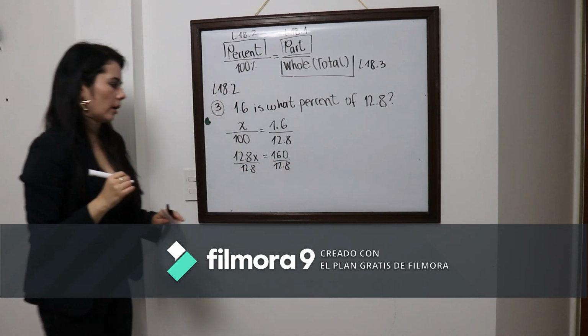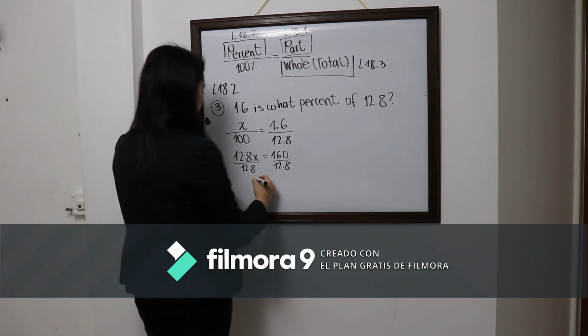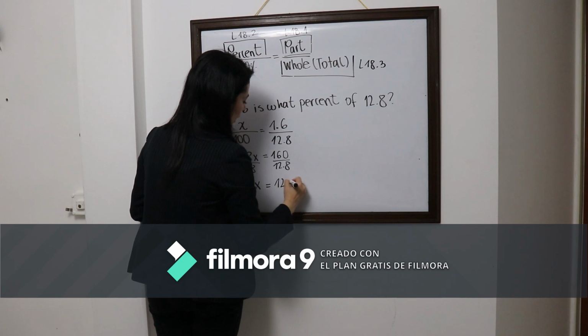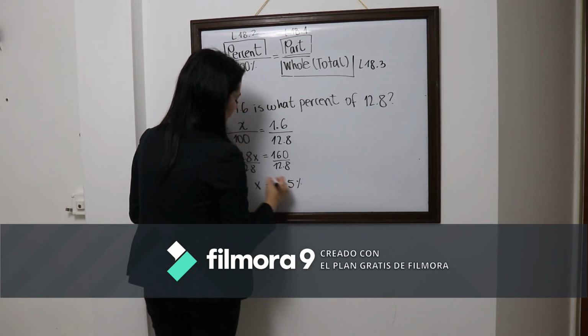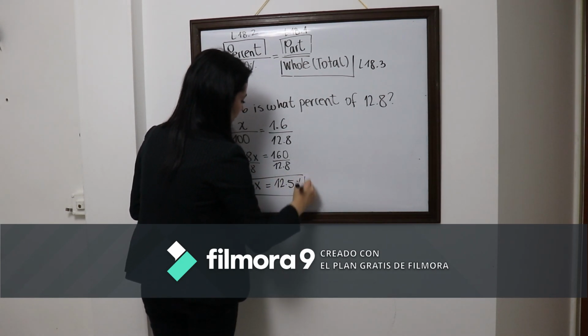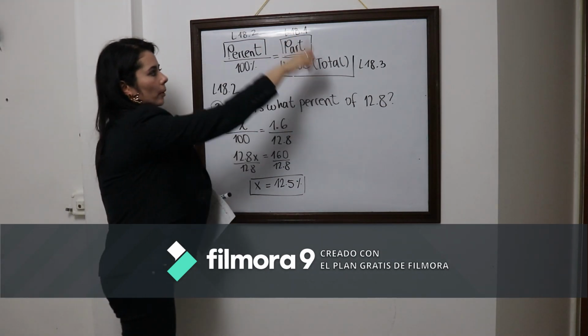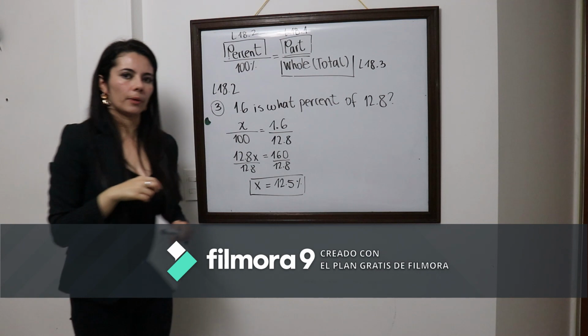So it's not going to be hard. And then I already did the math. So our life is just a little bit easier now. And so I know this is going to be the answer for problem 3. Okay? So if you think about the proportion, then it's easy to do the problems.